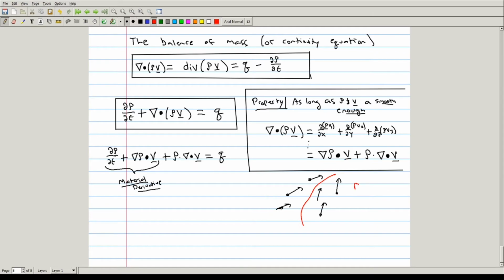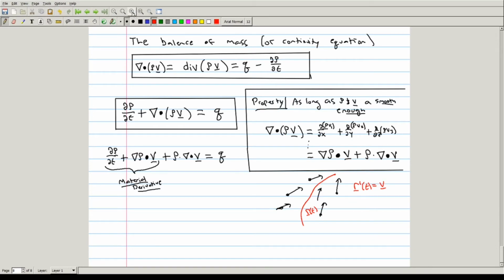Let's say this curve is given by r of t, and the velocity of the particle, r prime of t, is equal to v, the velocity vector field of this fluid flow.